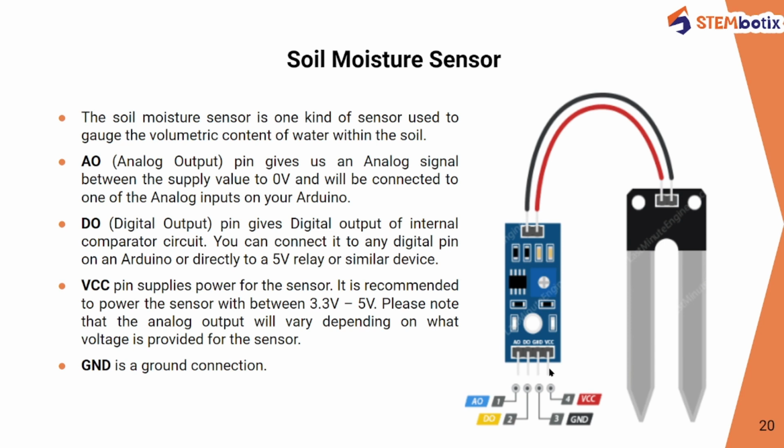After that we have the VCC pin. This VCC pin supplies power for the sensor. It is recommended to power the sensor between 3.3 volts and 5 volts. Please note that the analog output will vary depending on what voltage you provide to the sensor.